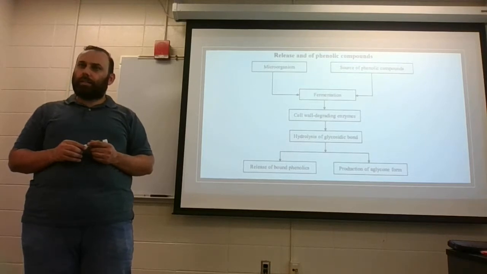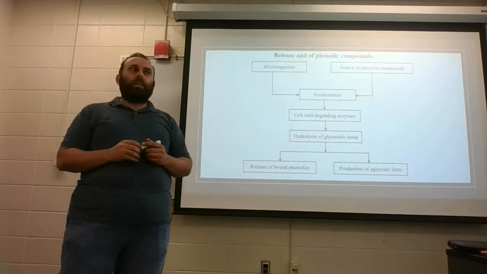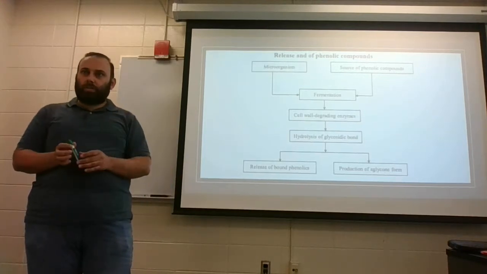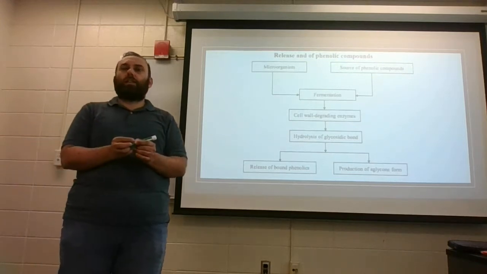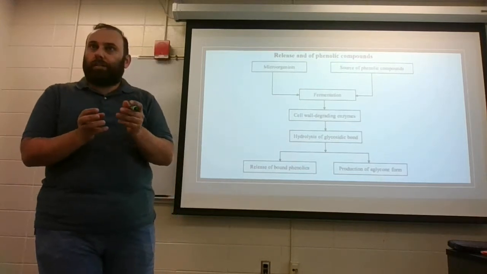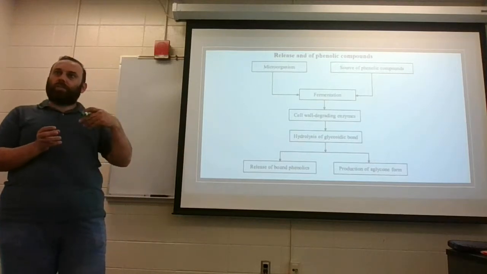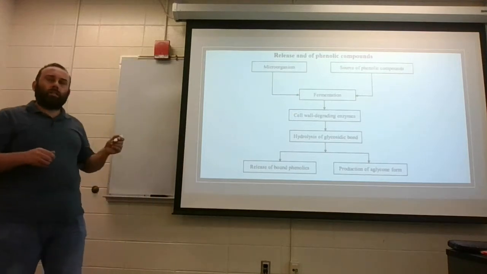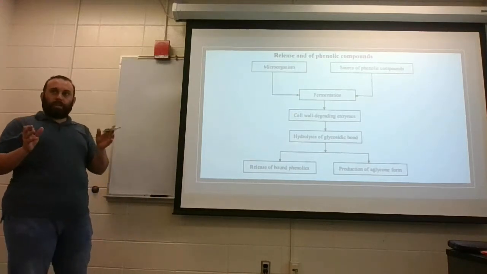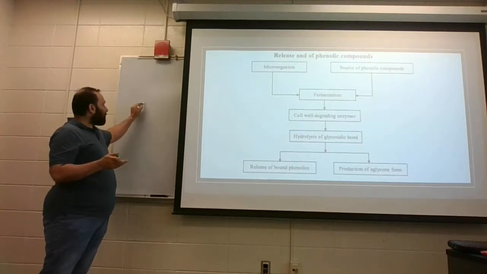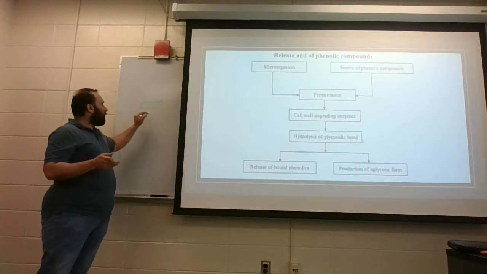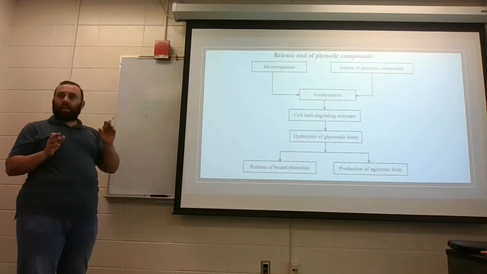What is phenolic? Yeah, in the plant there are chemical pathways, a process inside the plant cell. During this process, we have the main components or main ingredients, which are carbohydrates, proteins, and fats.